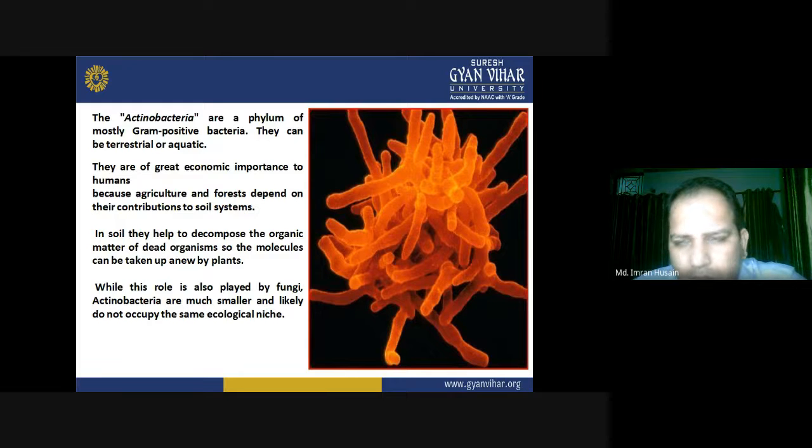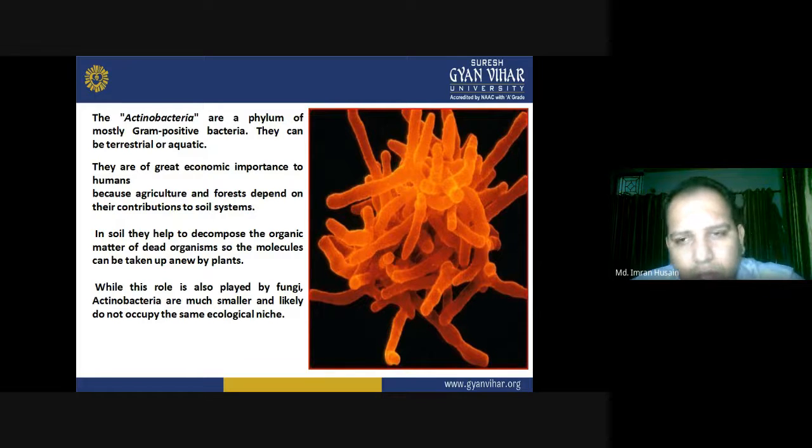So, first of all, they do not play a vital role in the ecological niche, and you cannot see them widespread like fungi, which are found everywhere. They are present in selected locations only. So this makes them a lot different from others.